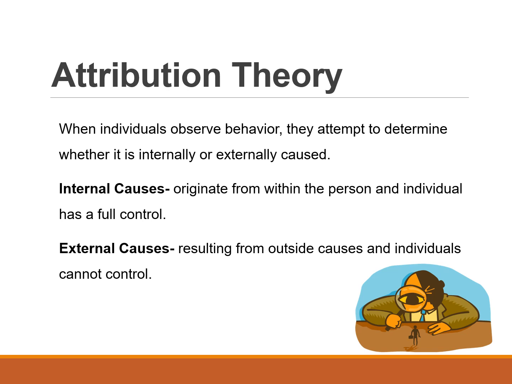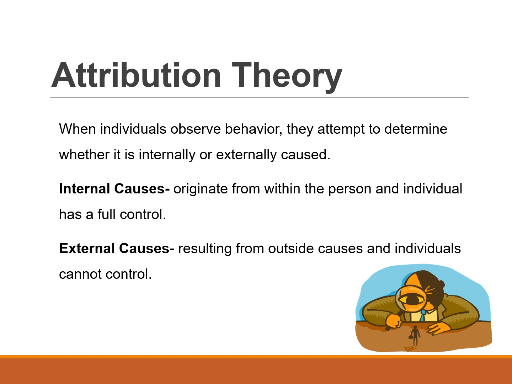Internal factors: we attribute the behavior of other people to internal factors. Internal factors originate from within the person and individual, so those internal causes can be controlled by the person.